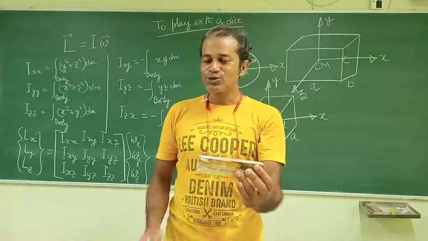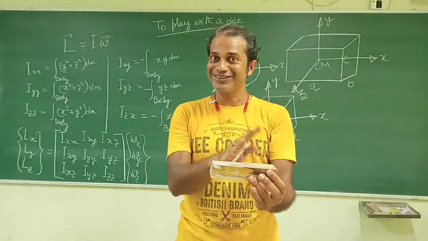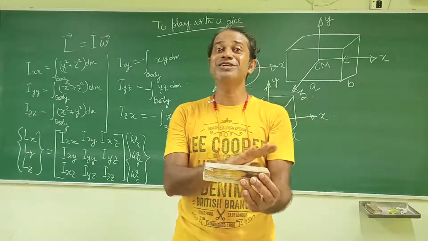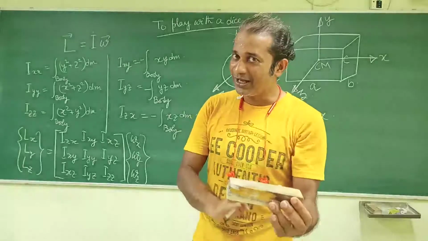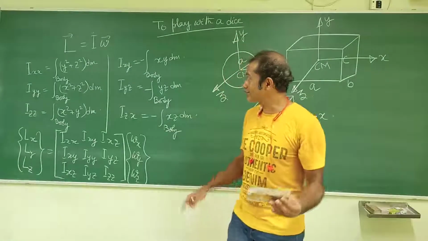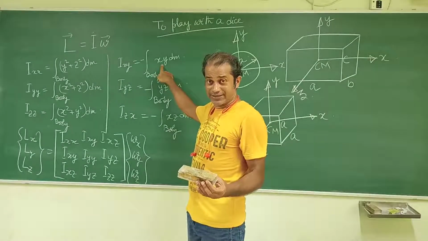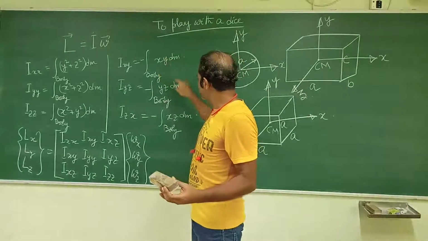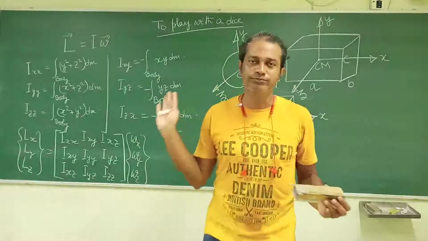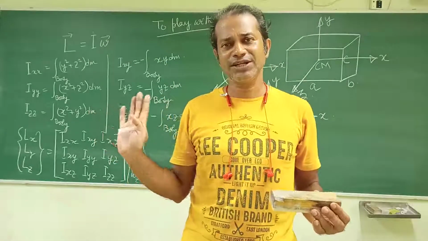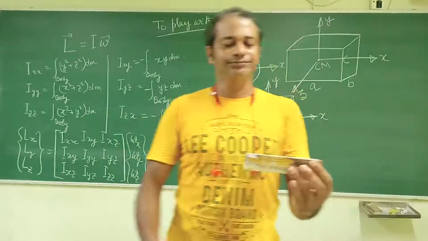What does it mean? There exists a mirror symmetry. So if there is a mirror symmetry, for every positive x there exists a negative x, so all the x terms, that means Ixy and Ixz, are straight away 0.